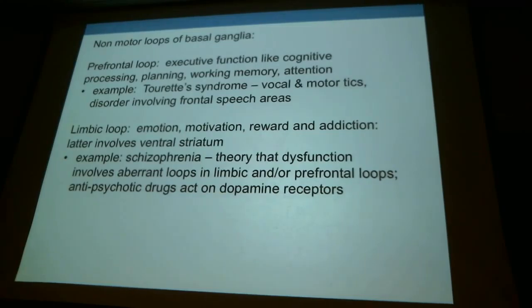Okay, so this has to do with an affective disorder. One of the ways to deal with this is to use antipsychotic drugs that act on dopamine receptors. So maybe there's something wrong with the dopaminergic part of the circuit that causes schizophrenia.